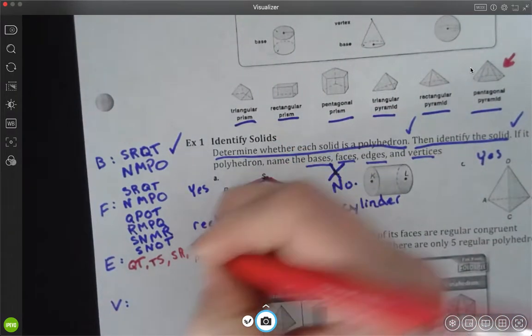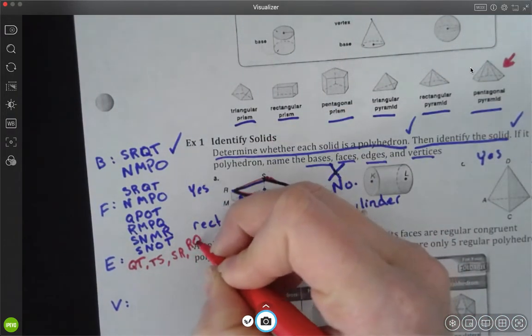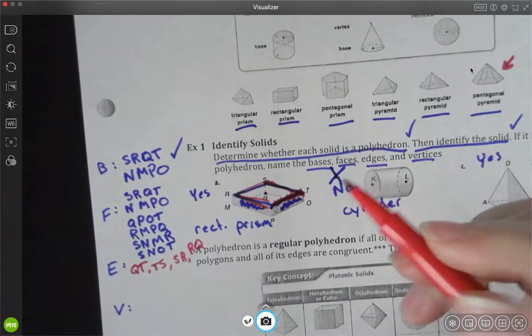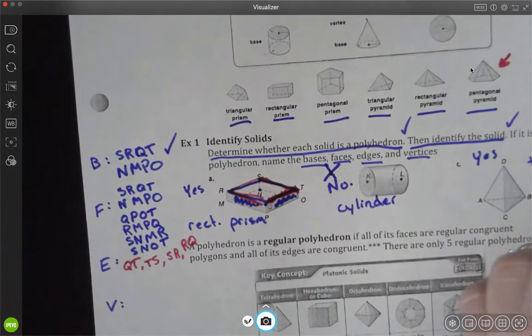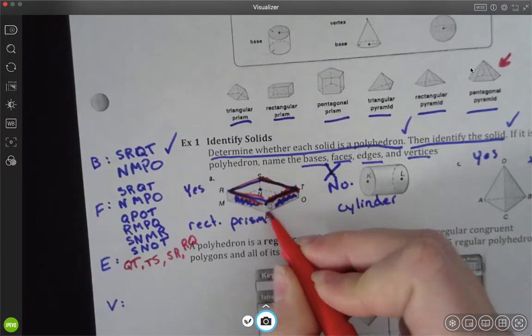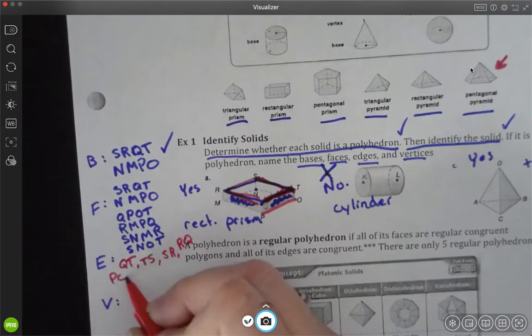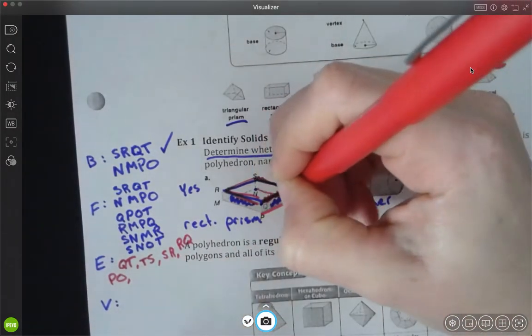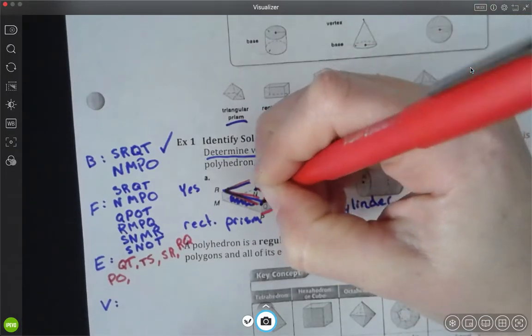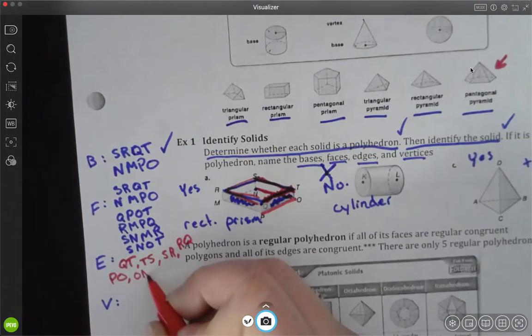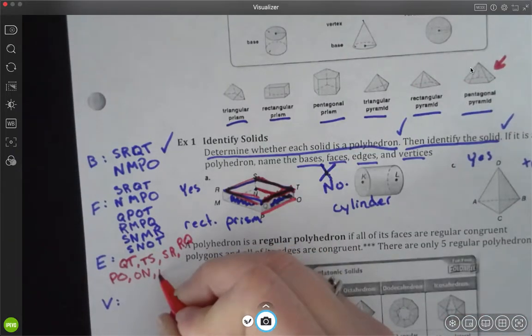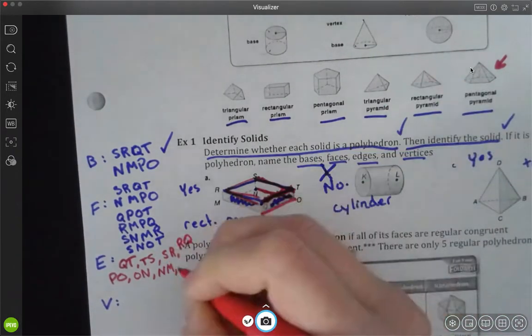It doesn't matter what order you go in, but it's kind of nice to do all of the tops first, all of the bottoms next, right? So let's do all the bottoms next, starting with PO. Then ON, okay? And then NM, and MP.